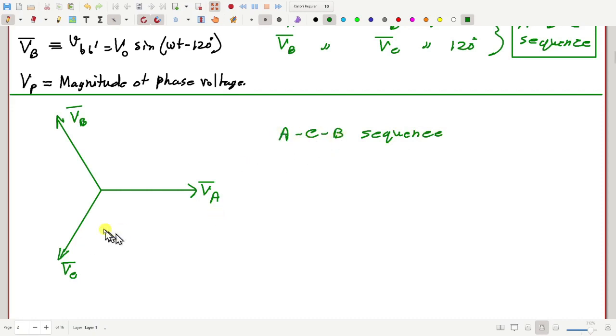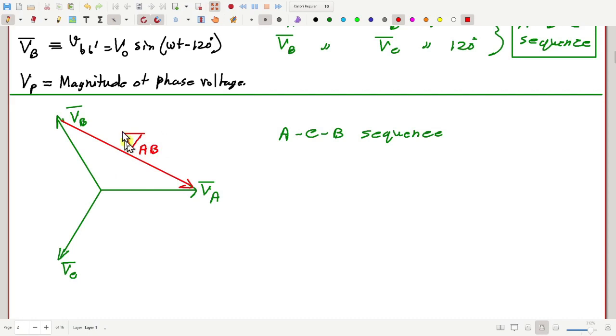Once again, here also you can calculate the line to line voltages. For example, this line represents what? Voltage VAB.